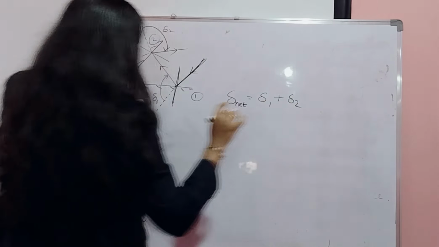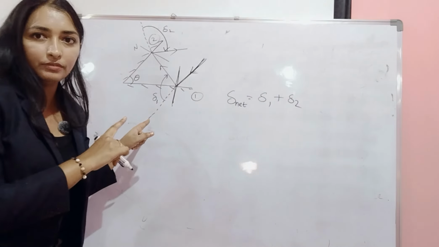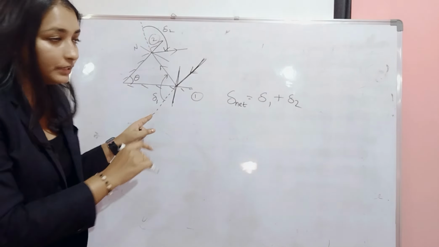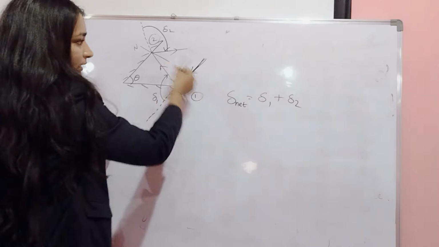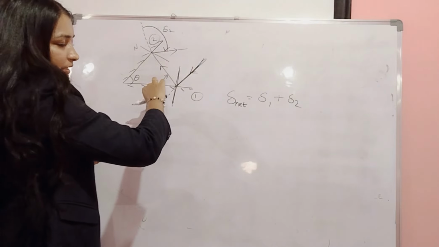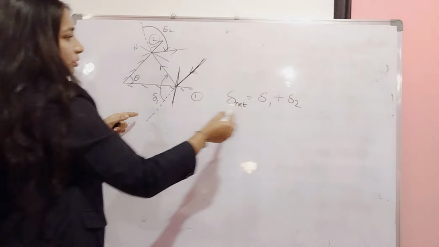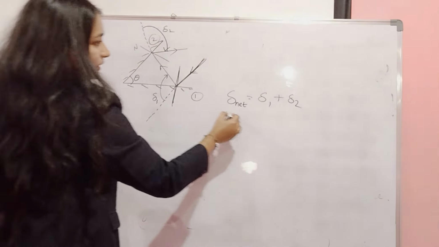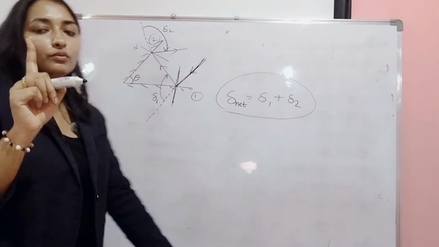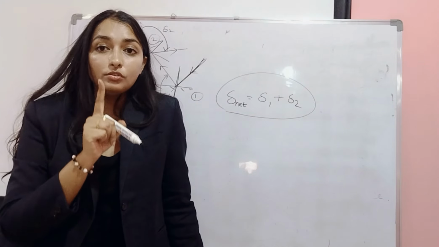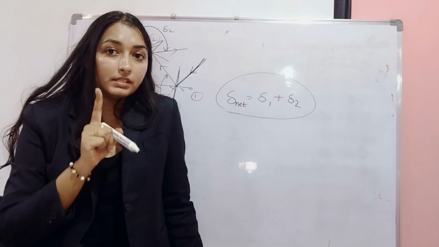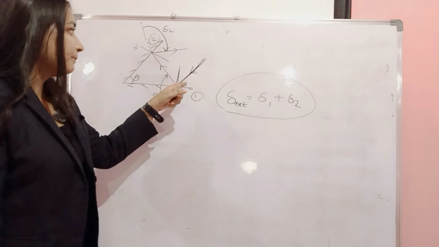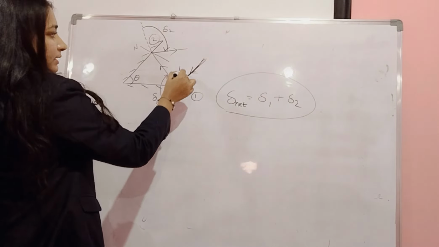Along with the sign, see how it is going. Angle of deviation by the first mirror, is it in the clockwise direction or the anti-clockwise direction? Clockwise, so plus. This is also clockwise, so positive. You understood? And you know one thing, angle of deviation does not depend upon the angle of incidence. See, this is the angle of incidence, right?